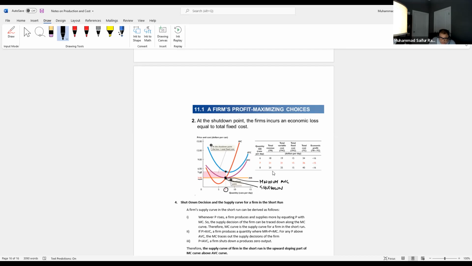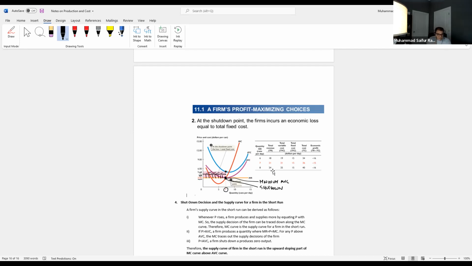If for some reason the price is, let's say, $10, I would argue that at that $10, the firm is still going to be making a loss because average cost is 14, but the price that the firm gets at least covers the average variable cost of production.